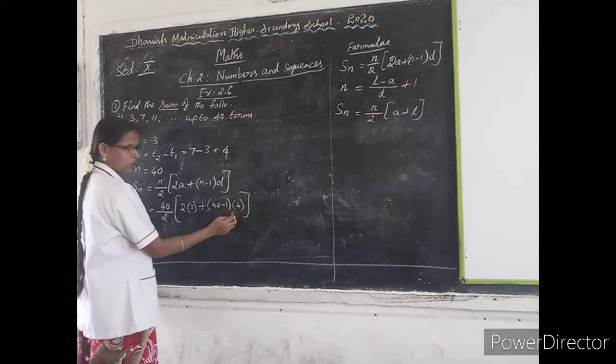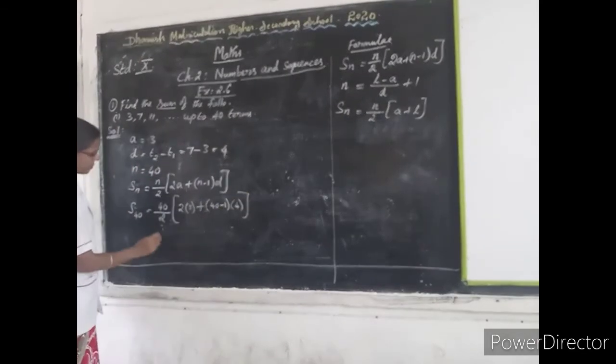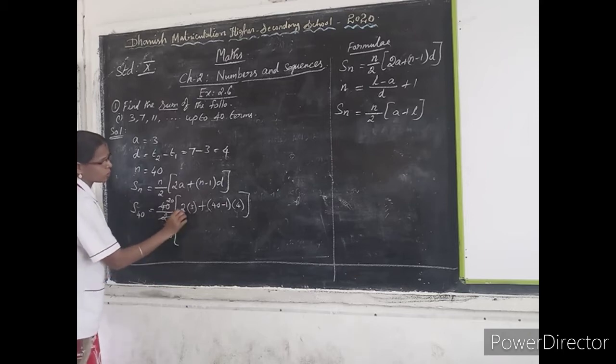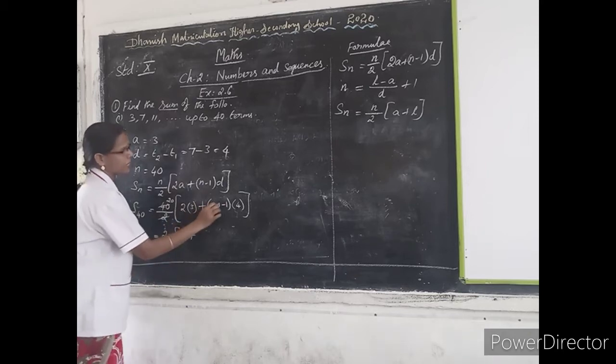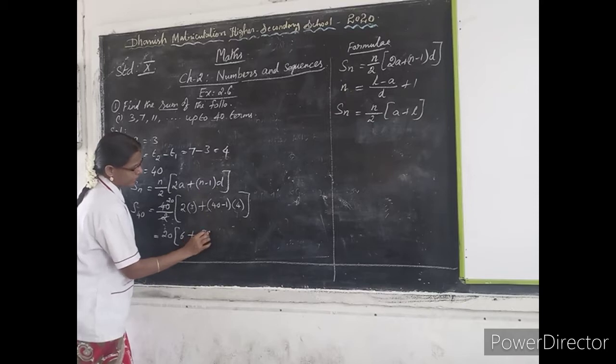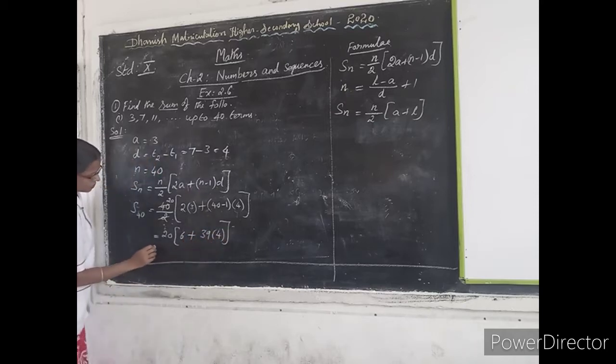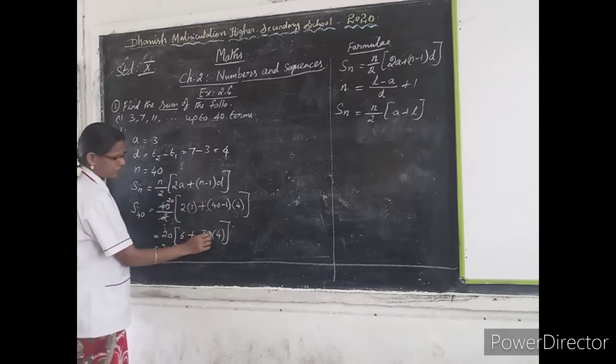So into 4, that's why put one bracket. So cancel by the 2 table, 2 ones are 20 times. So 20 into 2 threes are 6. 40 minus 1 is 39. 39 into 4. So 20 into 6 plus 39 into 4.